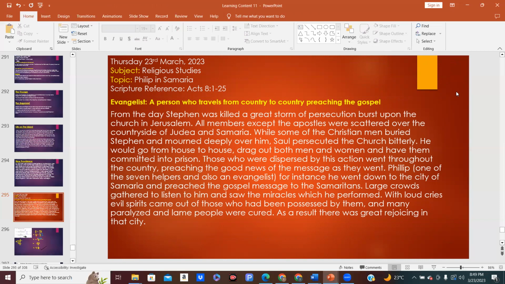In what way? Give me some details. He would go from house to house, drag out both men and women, and have them committed into prison. Very good. Miguel, who was Philip? Philip was one of the 7 helpers and an evangelist. Very good.